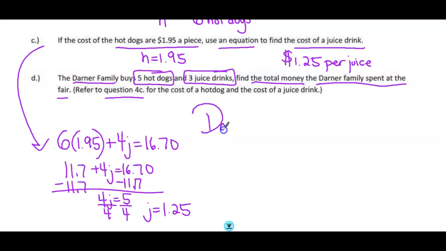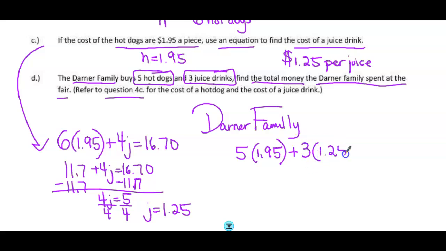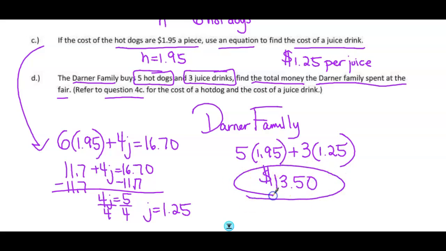So the Darner family bought 5 hot dogs, and we know they're $1.95 apiece, plus 3 juices at $1.25 apiece, and you just put that straight in your calculator, and you get $13.50.